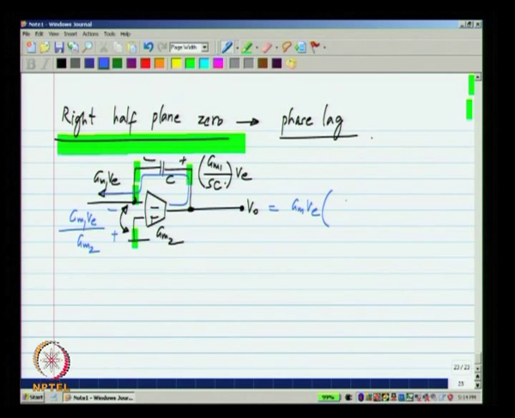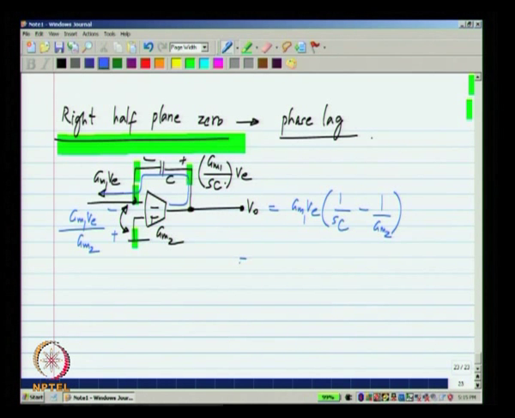So, the total voltage V naught equals GM1 VE times 1 over SC minus, sorry, minus 1 over GM2.